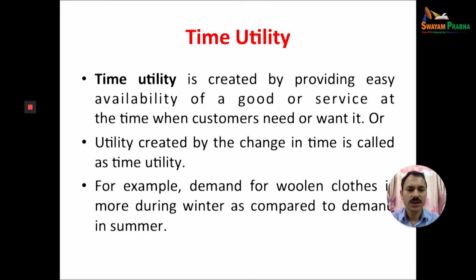For example, the demand for woolen cloth is more during the winter as compared to summer. So when you provide woolen clothes in the winter as compared to summer, it is called time utility.